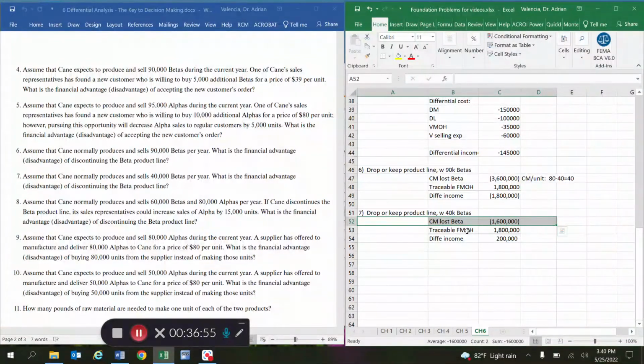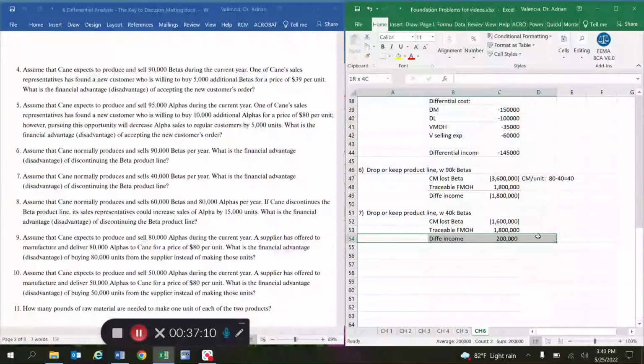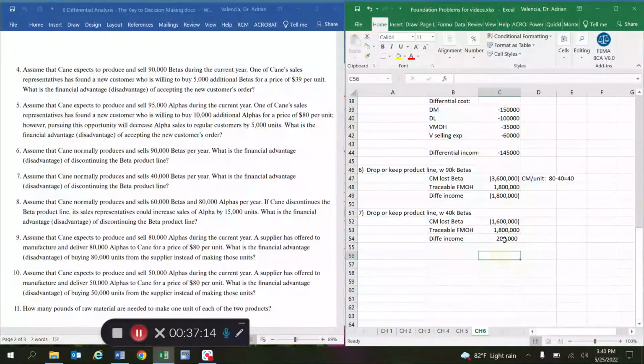So if we were considering that alone, we would say keep it still. But we're not considering it alone. We're considering it with the fact that if I get rid of betas, I can get rid of this cost, which means that under this particular scenario, it would be beneficial to get rid of beta because overall our profitability will go up by $200,000.